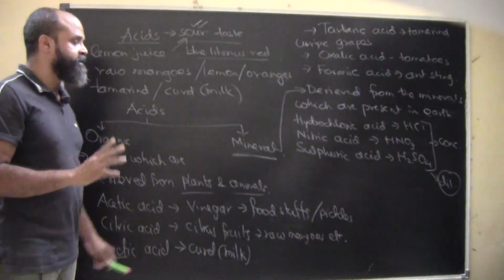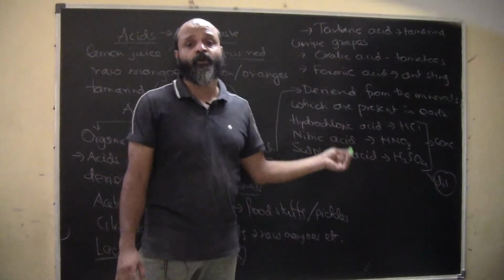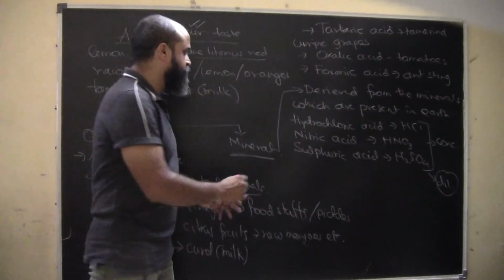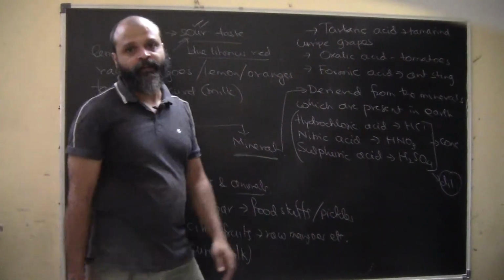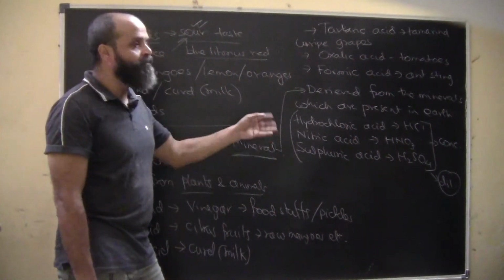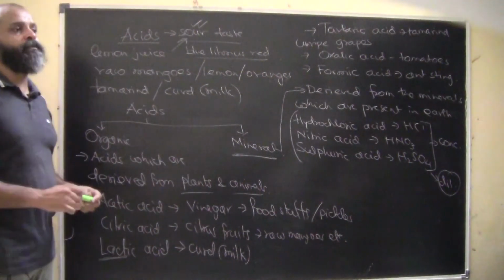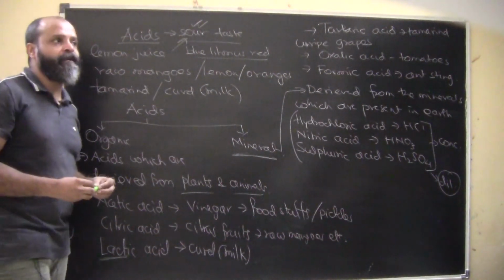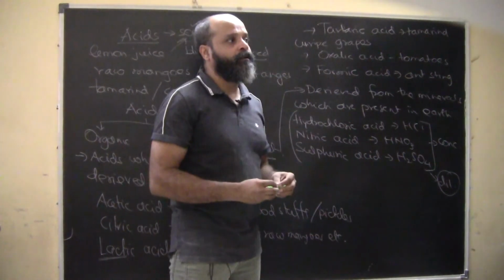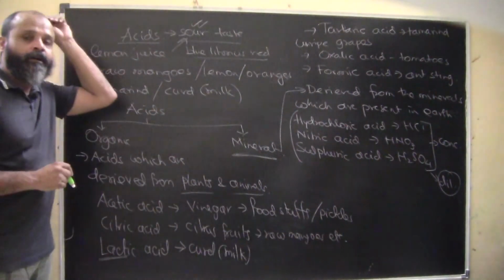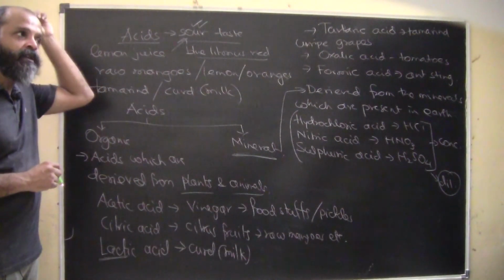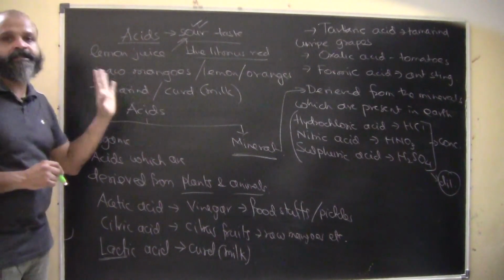These are mineral acids, and these are very strong acids. I would say these are the strongest of all acids that you have. We should be very careful. They should be handled with utmost care. Very, very dangerous to our health. So all mineral acids are basically dangerous.